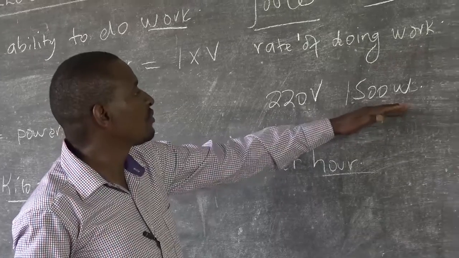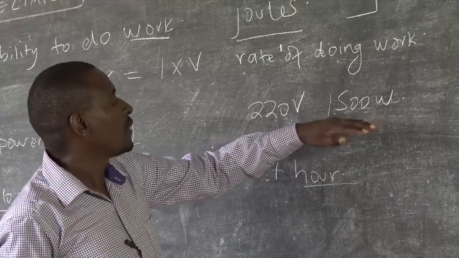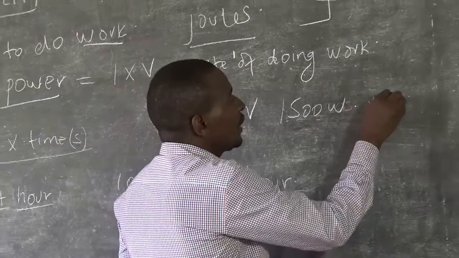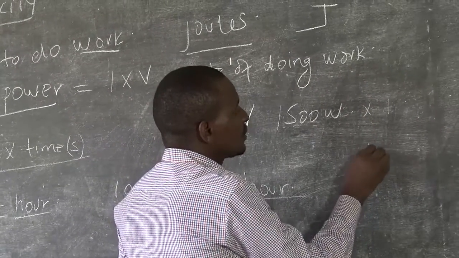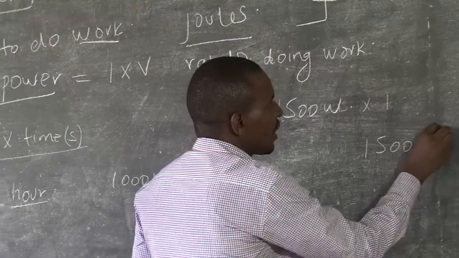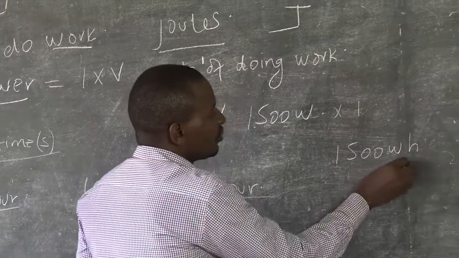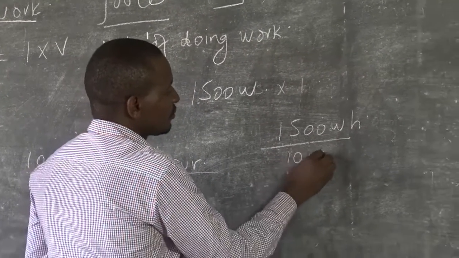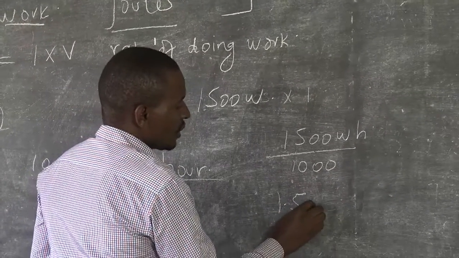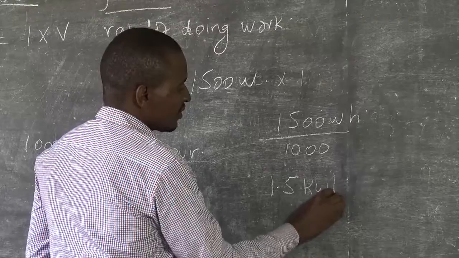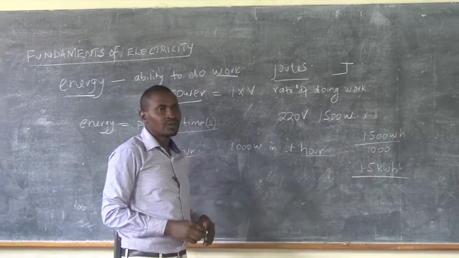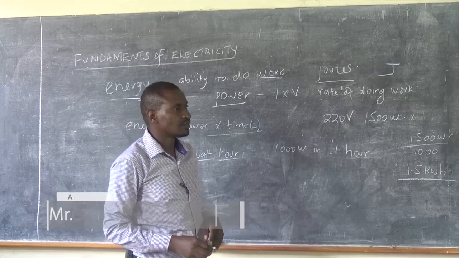So if you use it for 1 hour, it is 1500 times 1 hour, and you'll get 1500 watt hours. If you divide by 1000, you get 1.5 kilowatt hour, which will translate to 1.5 units of electricity.